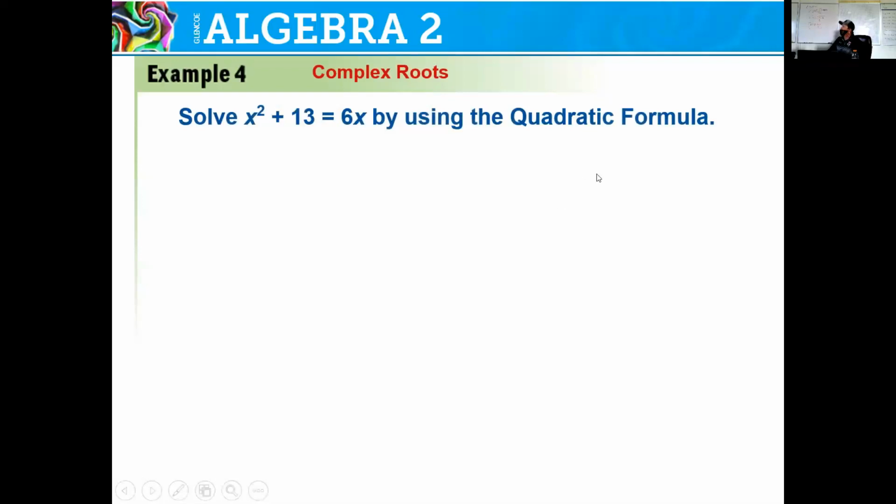All right. Last type of examples are when we have the complex roots. Okay, so we have x squared plus 13 is equal to 6x. So first step, we have to rework it so that we are set equal to 0.